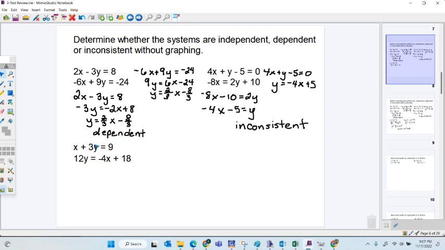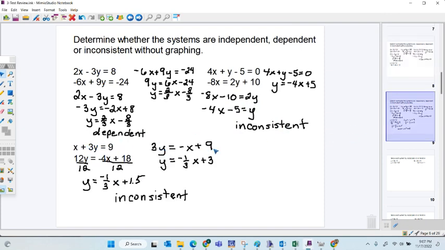Get the y by itself, move over the x, divide by 3. Here, if we divide by 12, we get that. Same slope, different y-intercept, inconsistent. If you went through and found that they had different slopes, then that would be where you would have independent.